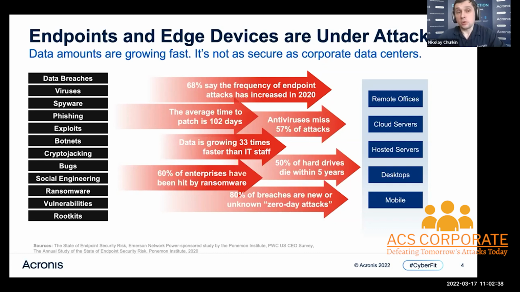But in general, the endpoints, the workloads are under attack. From the data protection perspective, we at Acronis realized that a couple of years ago, maybe the primary cause of data loss would be an inadvertent, accidental loss of a file, accidental deletion of data, failure of a hard drive, and so on.